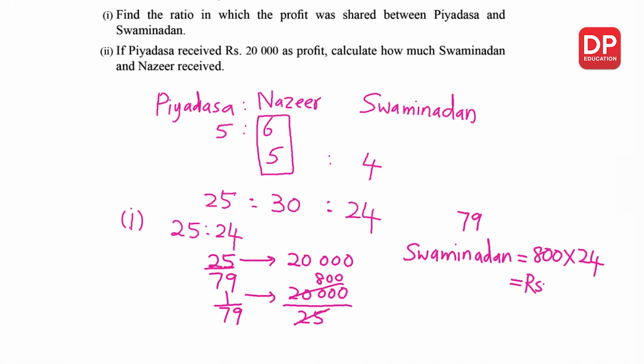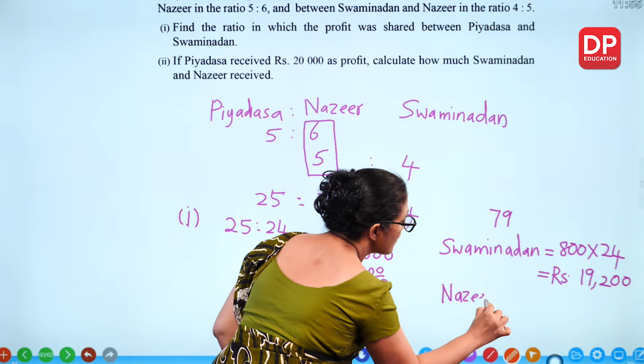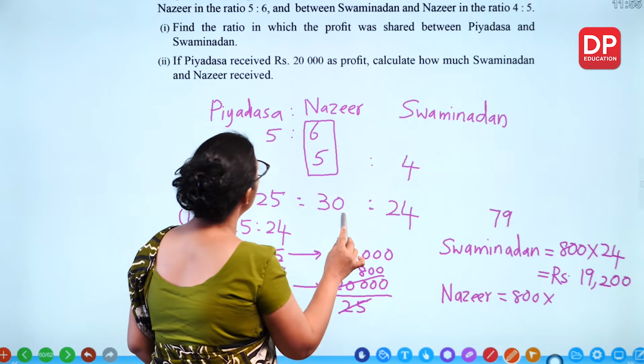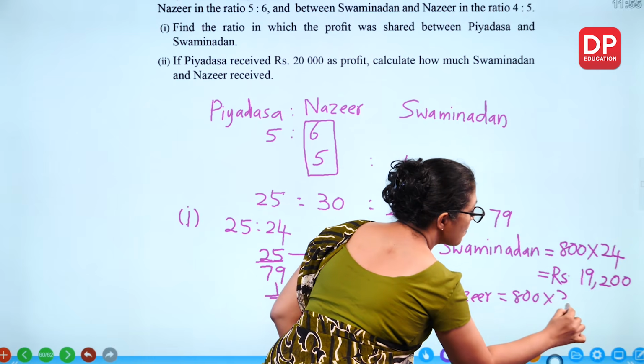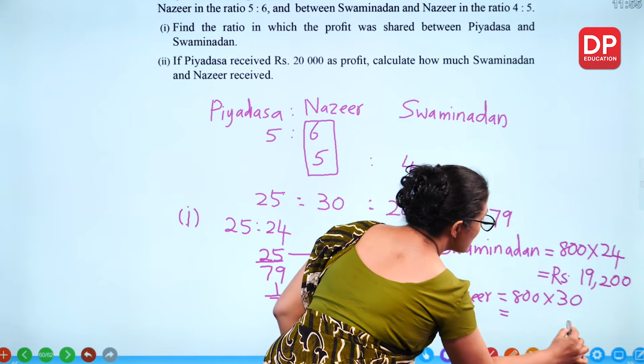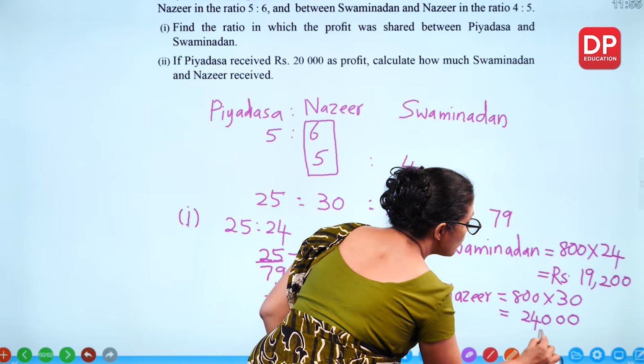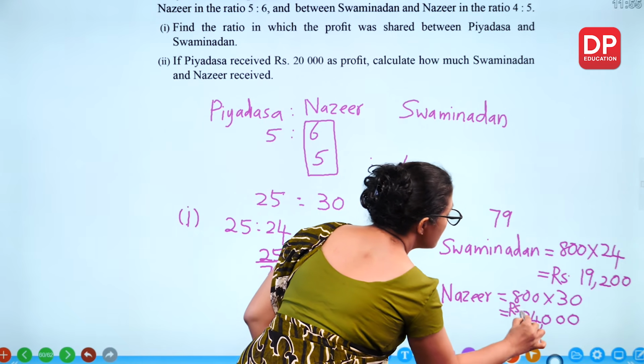Multiply by 8 first. 8 times 4, 32. 3 remaining. 8 times 2, 16 plus 3, 19 and 2 zeros. 19,200. And what's the amount Nazir received? Nazir is 800 into how many parts? 30 parts. Multiply by 30. You get 3 zeros. 8 times 3, 24. So 24,000 rupees.